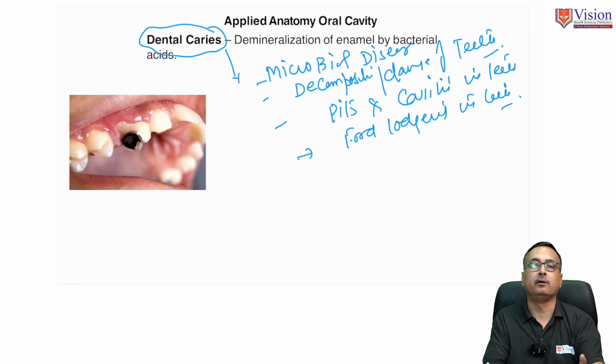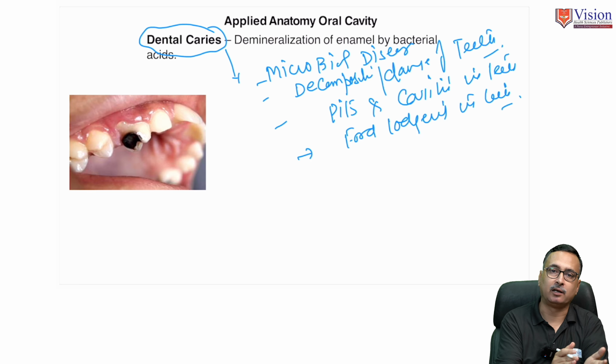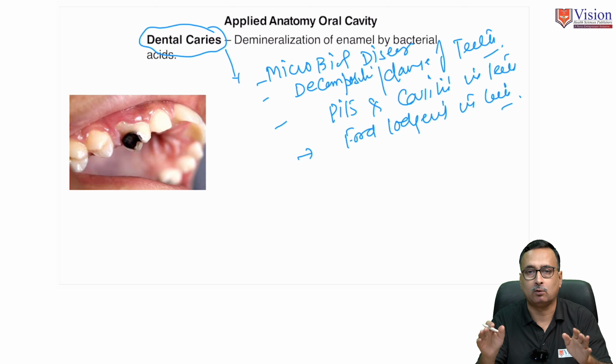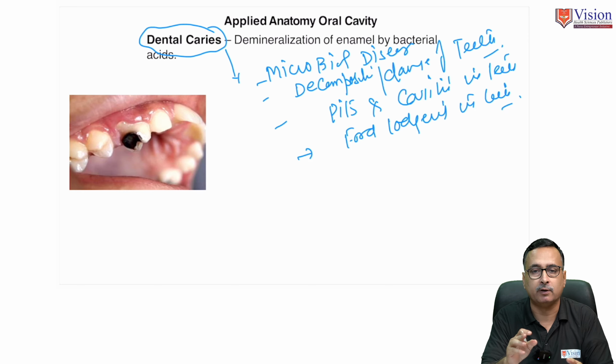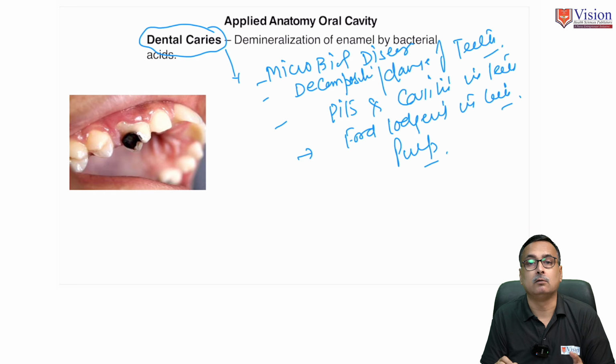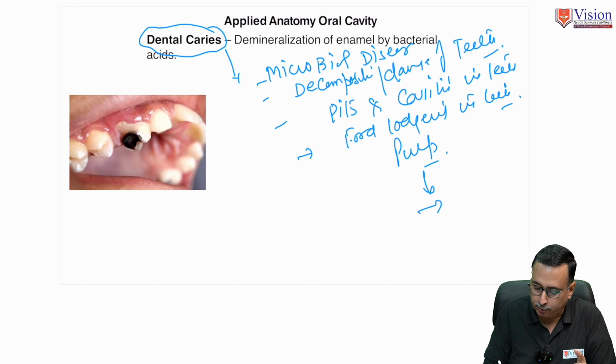And when this food lodgement occurs, it starts a vicious cycle. The more the food lodgement, the more the depth of cavitation of a tooth. When the cavitation reaches the soft tissue of the tooth we call pulp, which contains fibers, cells, nerve fibers and blood vessels, it irritates the pulpal tissue and contributes to pulpitis.